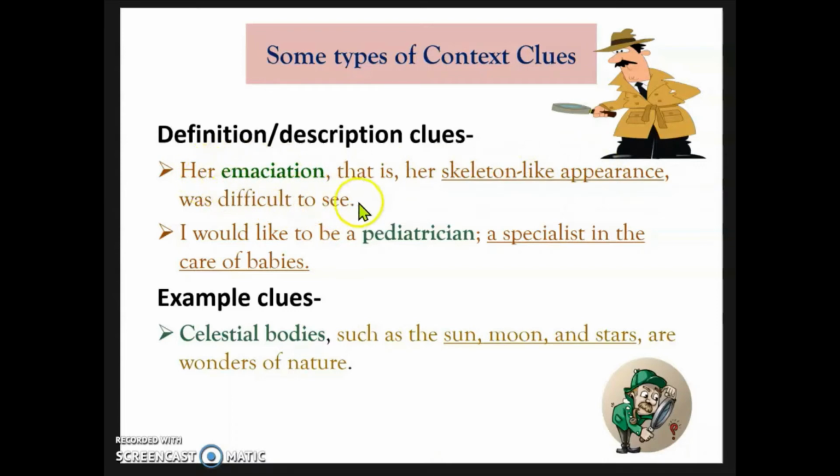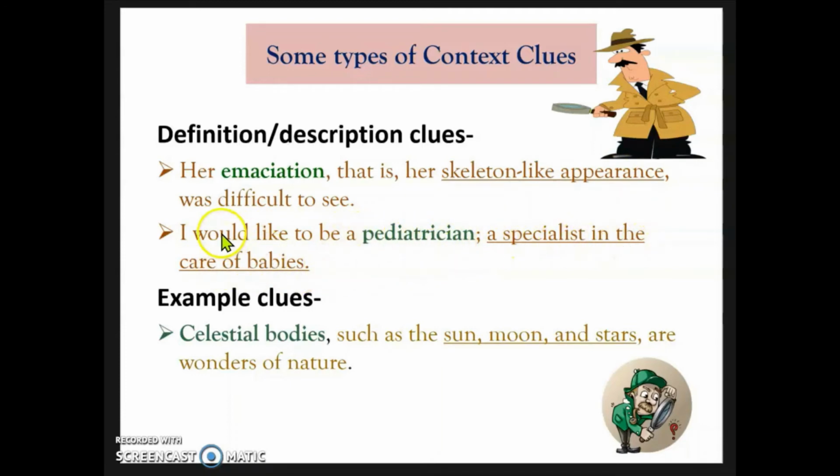So in this sentence, in this context, we are presented with a description clue that helps us to appreciate what this word means. Emaciation means skeleton-like appearance.